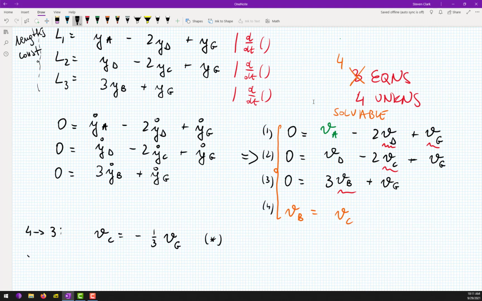Now let's plug equation star into equation 2, okay? And this is basically 0 equals VD plus 2/3 VG plus VG, okay? So we know that VD is equal to minus 5/3 VG.